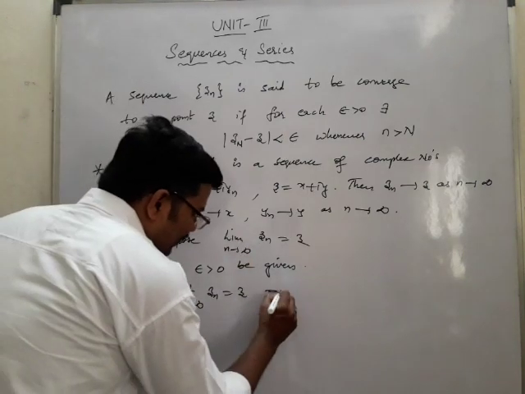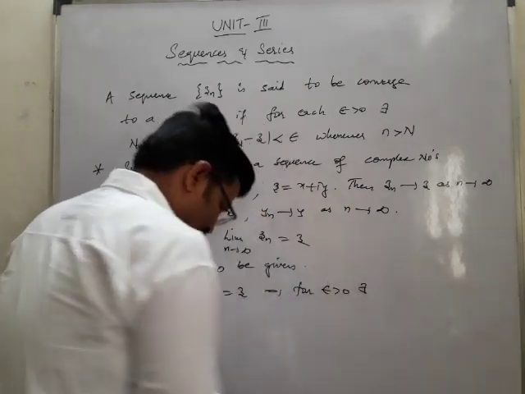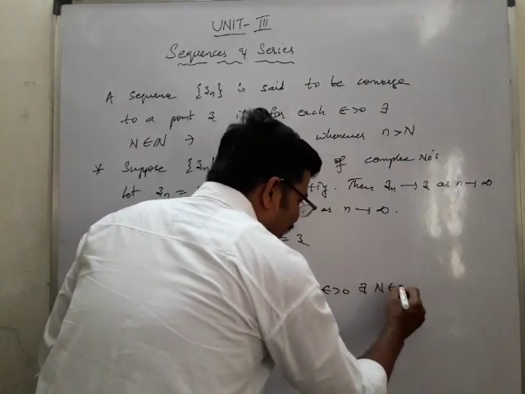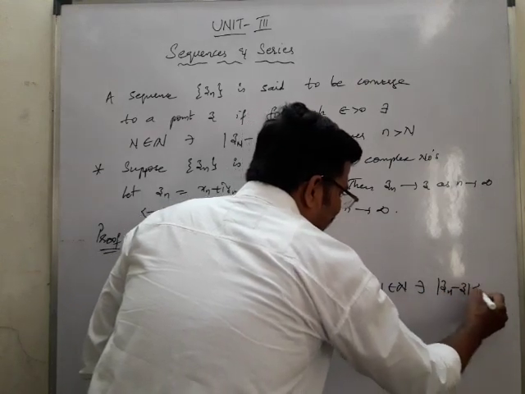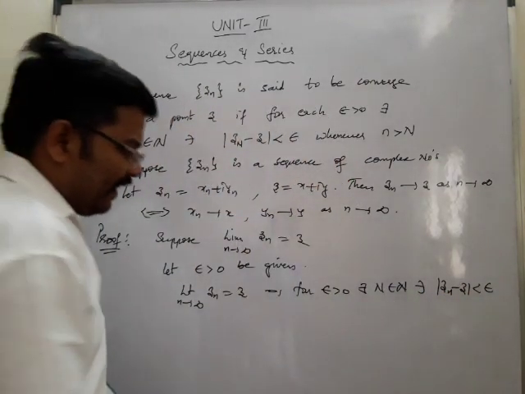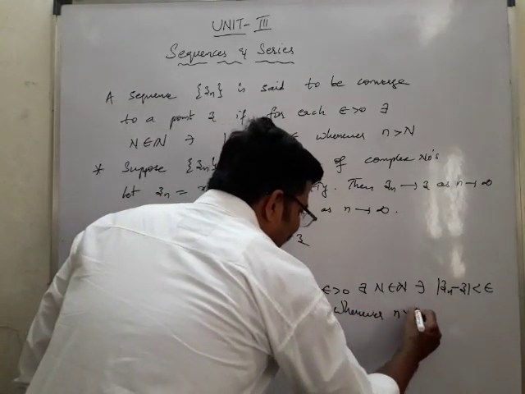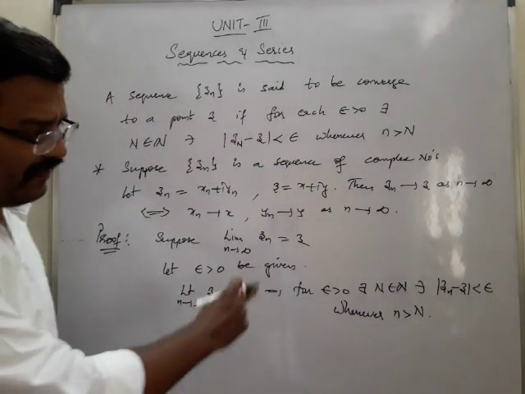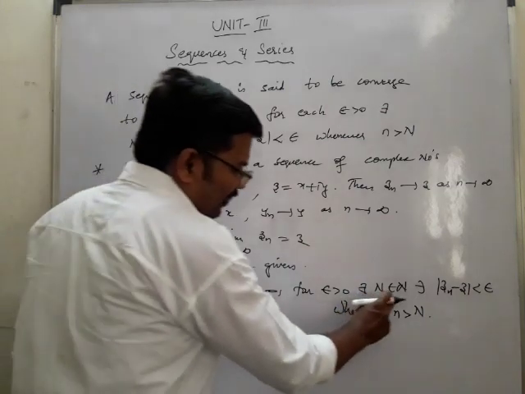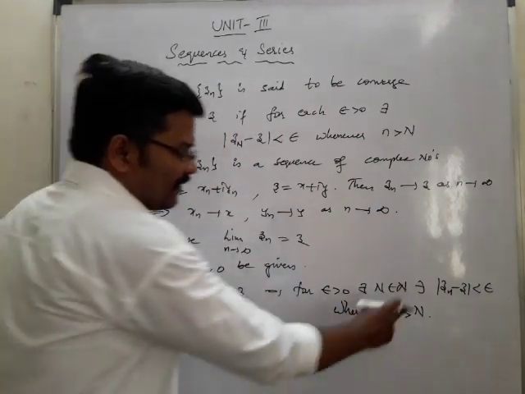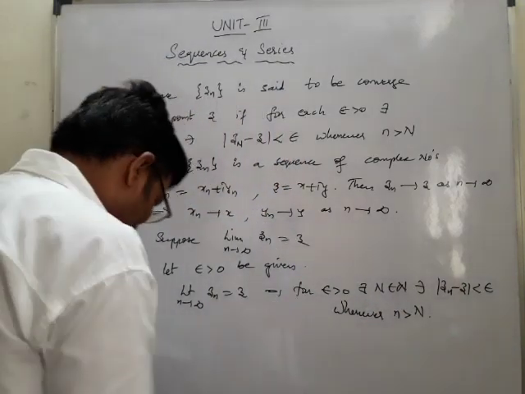So that implies for epsilon greater than 0 there exists N belonging to the natural numbers such that mod Zn minus z is less than epsilon whenever n is greater than N. This is according to the definition.